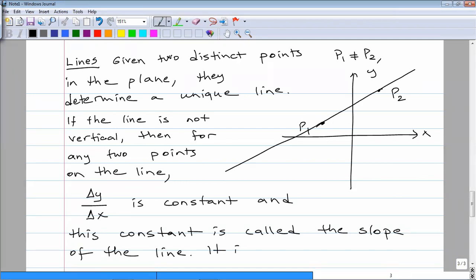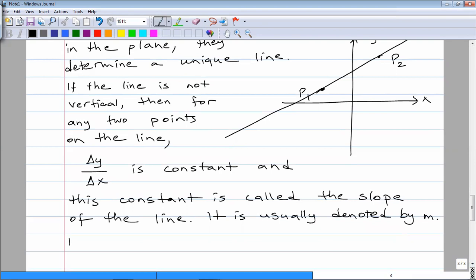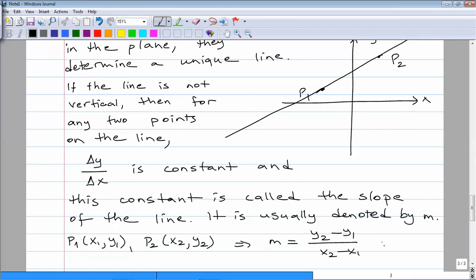It is usually denoted by m. So if P1 and P2 are points on your line, with P1 having coordinates (x1, y1) and P2 having coordinates (x2, y2), then your slope is y2 minus y1 divided by x2 minus x1.